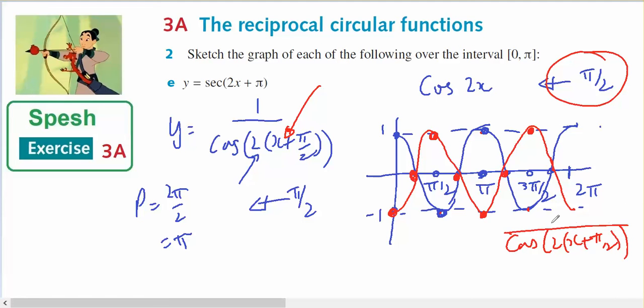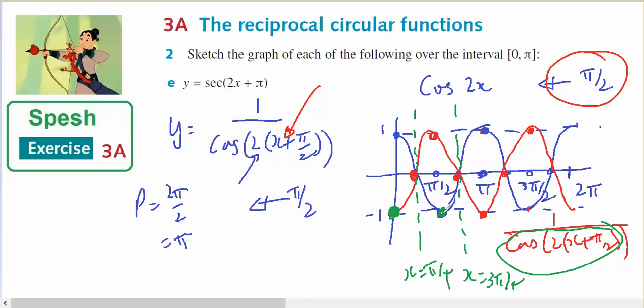So then if I do the reciprocal of it, that is at negative 1. I will have an asymptote here because where this is equal to 0, that's going to be x equals pi on 4. I'll have another asymptote here at 3 pi on 4.